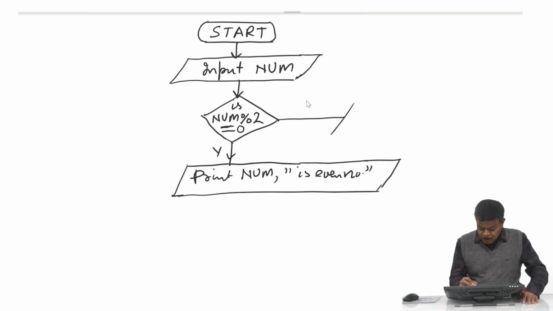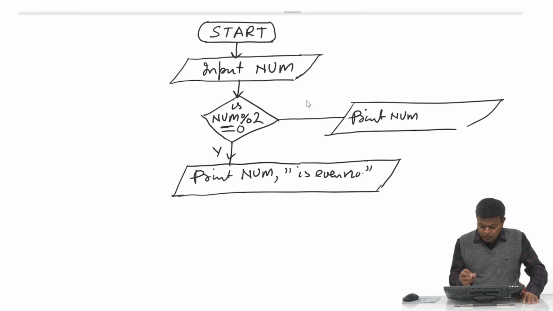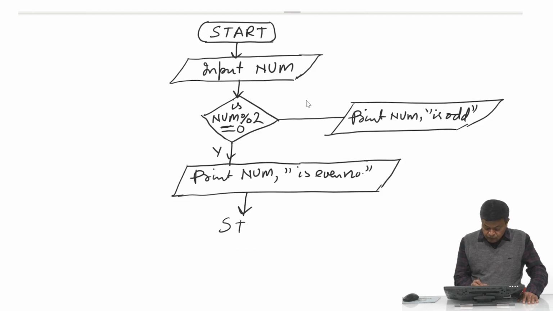Otherwise, I will print the number, whatever its value, is odd. What will I do after this? I stop. This is the no branch. In this case also, I have to stop.